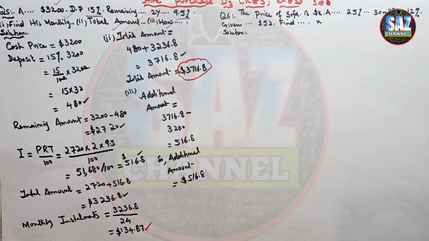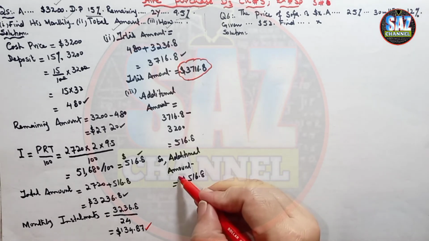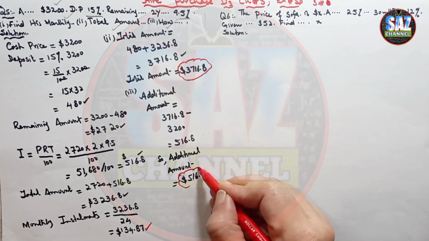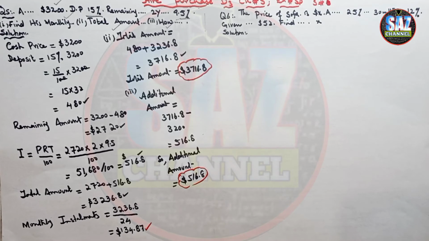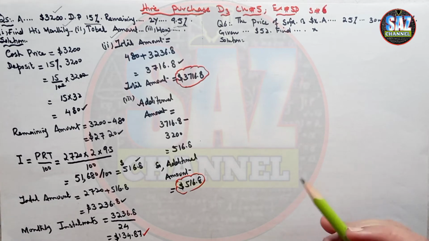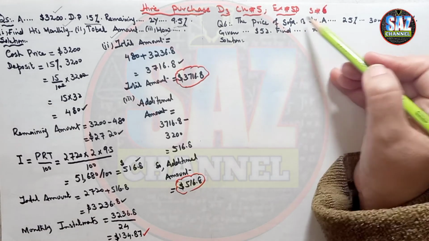Okay, I hope you are clear about this question, and let's quickly move to the solution of the next question. Let me read the question from the book. Question number 6 says that the price of the sofa is $X.